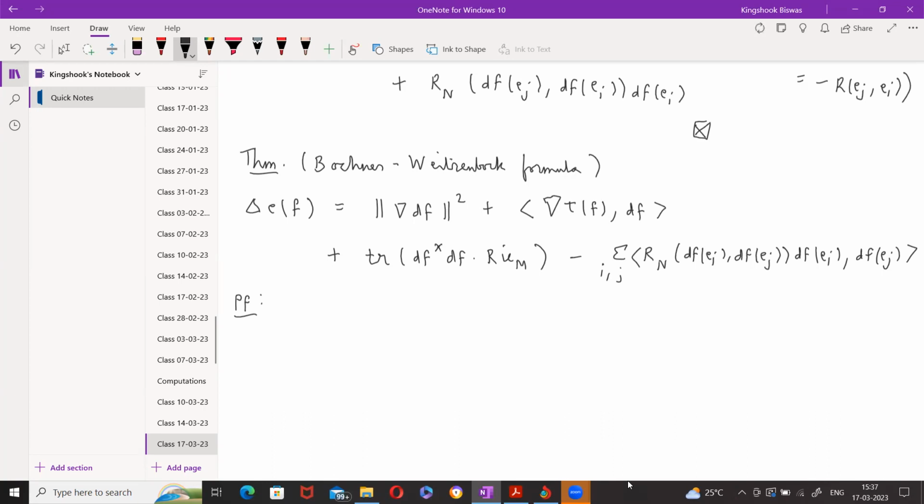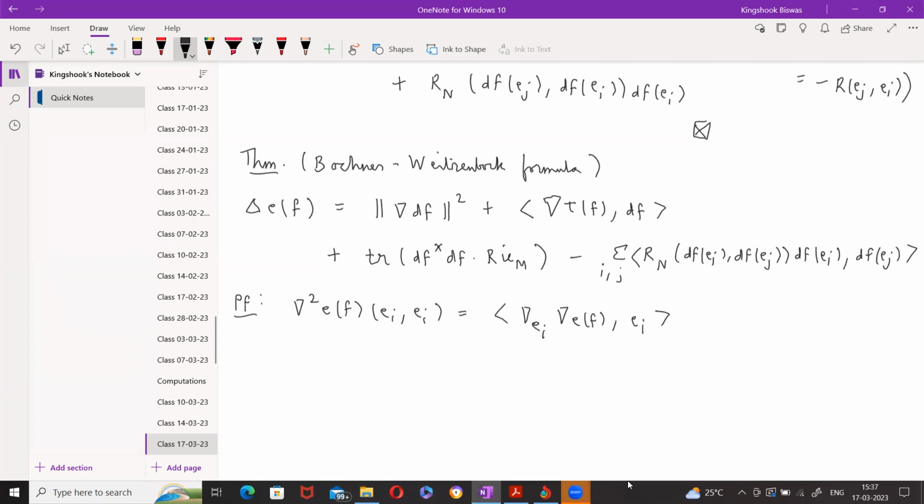So let's first compute the Hessian of the energy density. If I take the Hessian of e(f) acting on e_i, e_i, what will this be? By definition, this is the inner product of nabla e_i of the gradient of the energy density with e_i.